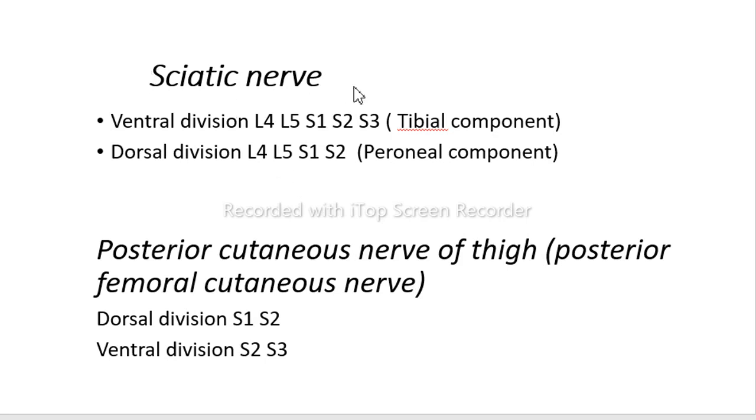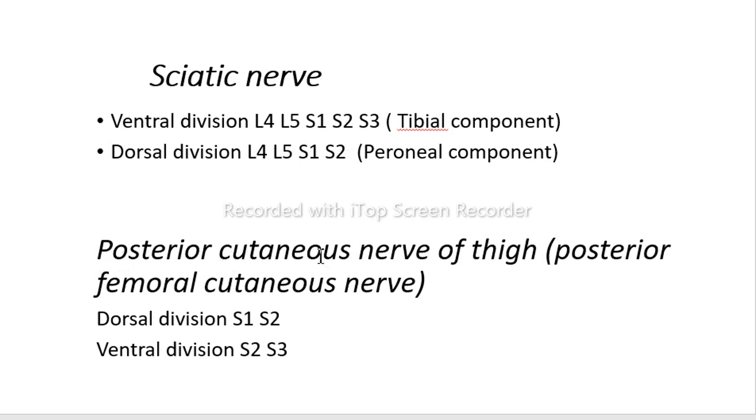Sciatic nerve root value: ventral division L4, L5, S1, S2, S3, that is the tibial component of the sciatic nerve, and dorsal division, that is the peroneal component of the sciatic nerve, L4, L5, S1 and S2.